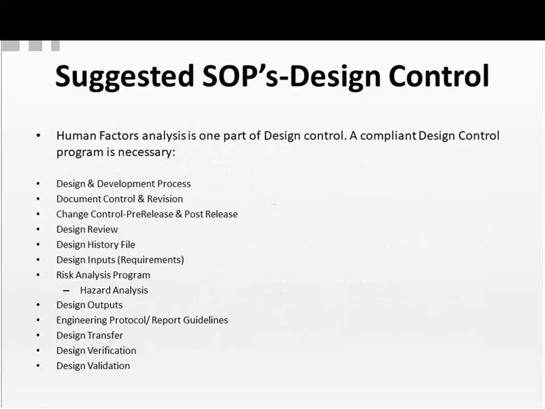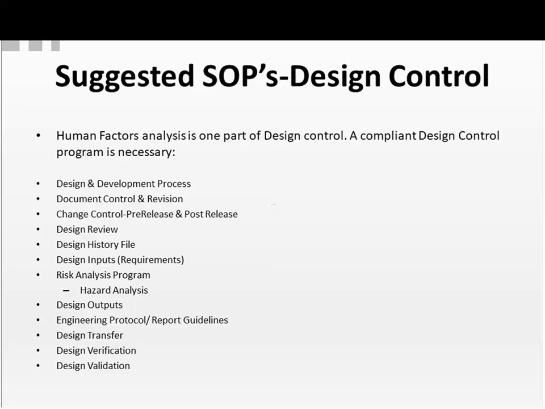Now, human factors is part of design control. You must have a compliant design control program. They must have SOPs to control the design. Typical titles of the SOPs you should have: design and development process, document control and revision, change control.